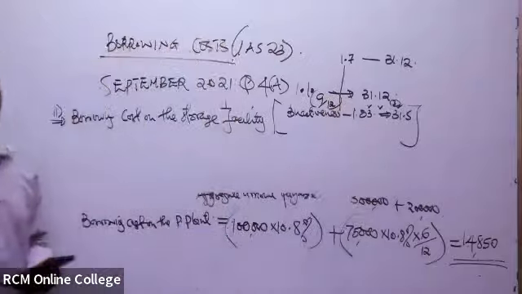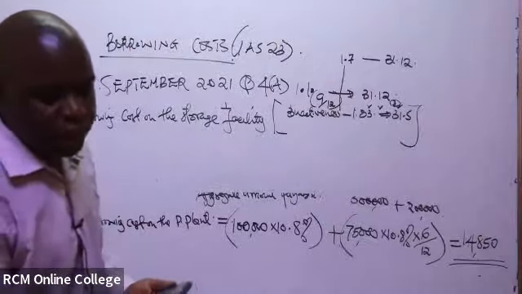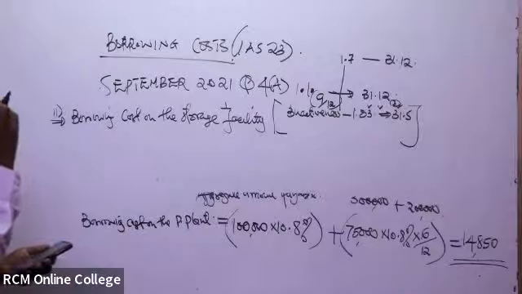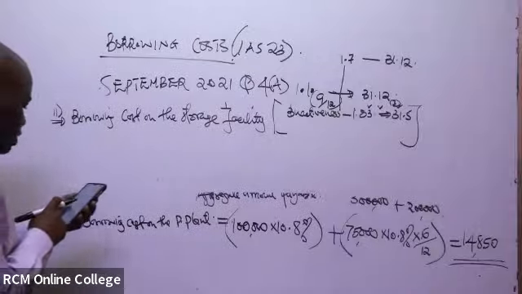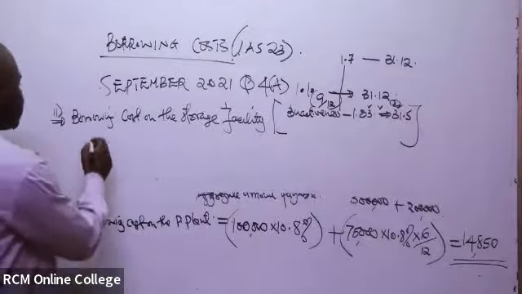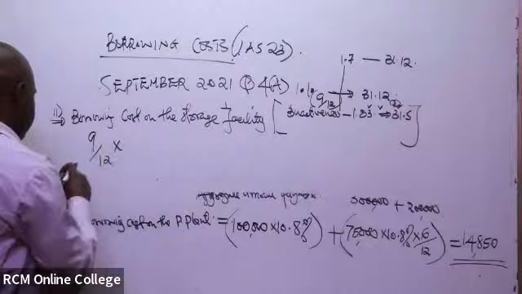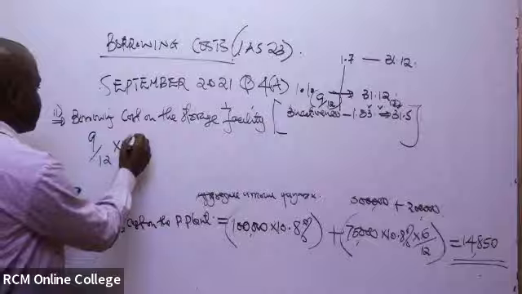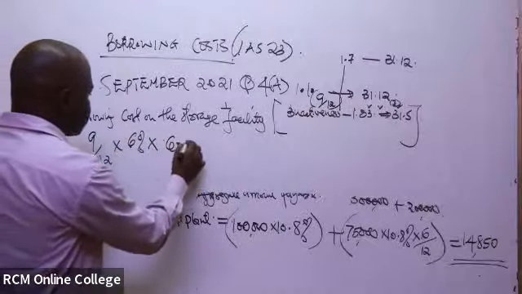So our borrowing cost on the storage facility, having incurred a construction cost of 60 million by the end of the year, will be 9 out of 12 times 6%, it was a 6% debenture, multiplied by the 60 million.